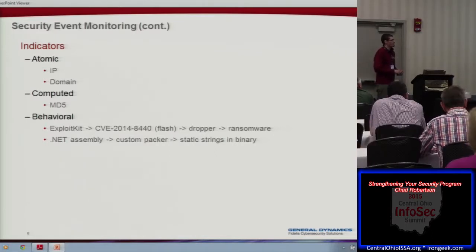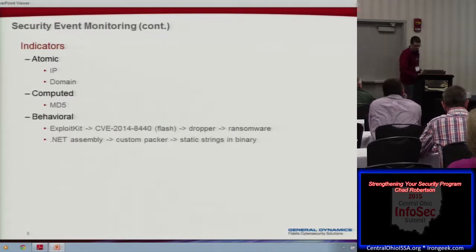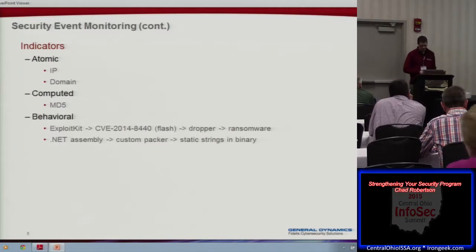The atomic indicator would be an individual indicator: IP, domain, user agent string. Computed indicator, MD5. MD5 is message digest algorithm, so everybody knows what an MD5 is, a 32-digit hexadecimal number. And so you have computed, you have atomic, and we have behavioral.